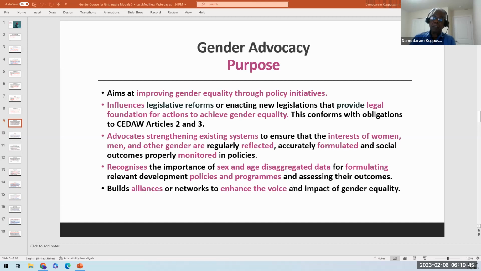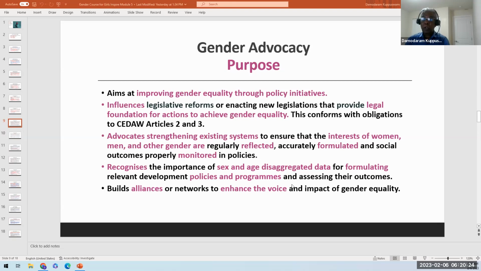The existing system is where we are talking about public policies, which are instruments in ensuring equitable governance of people. So how are the different interests of men, women, and other genders reflected in the policies, accurately formulated, and then whether the outcomes that they deliver are monitored.